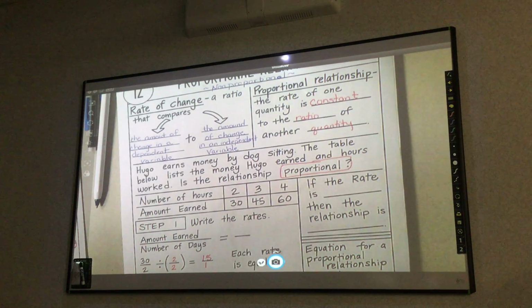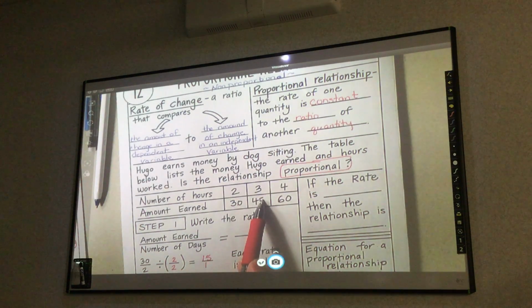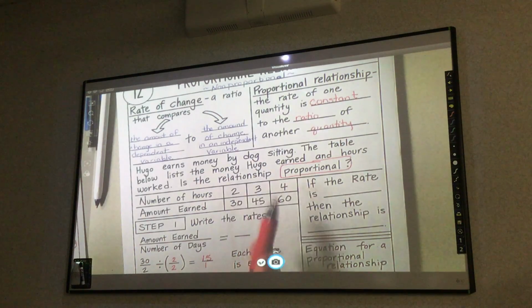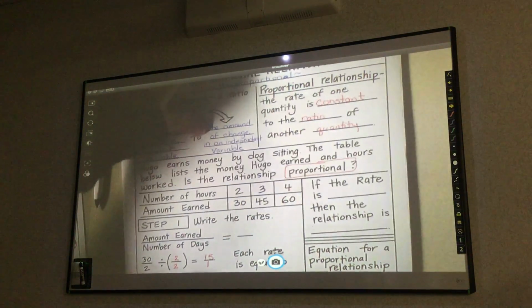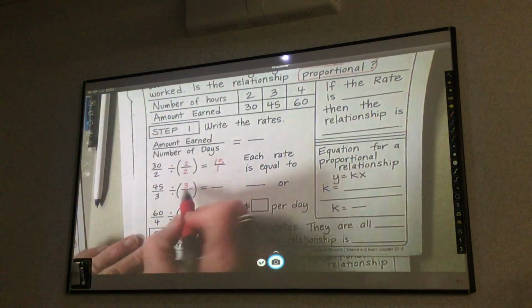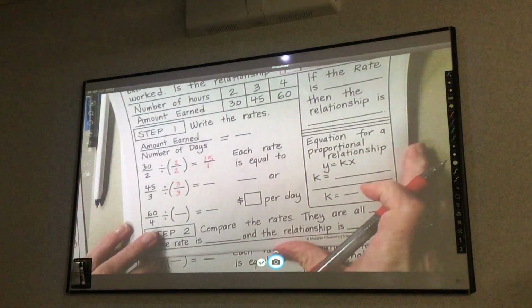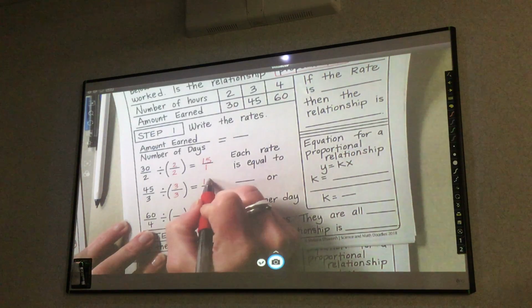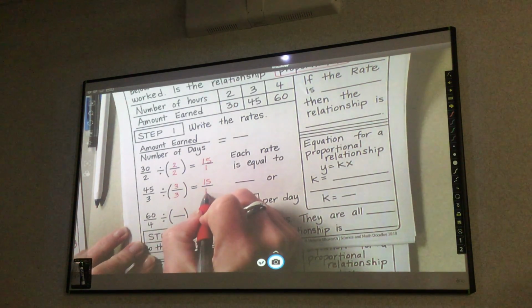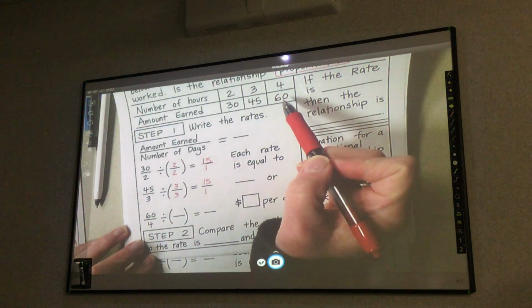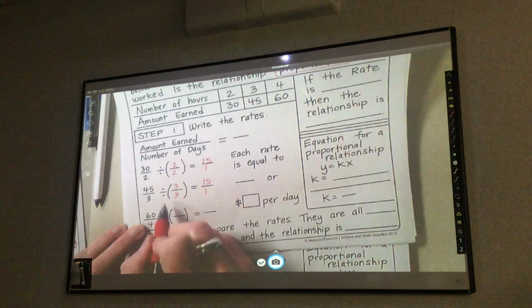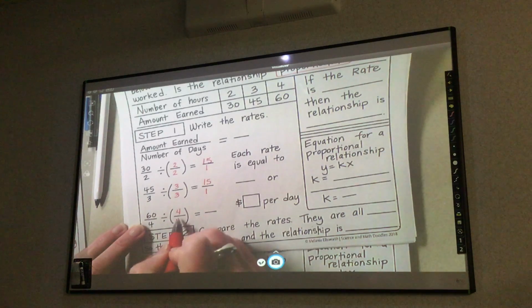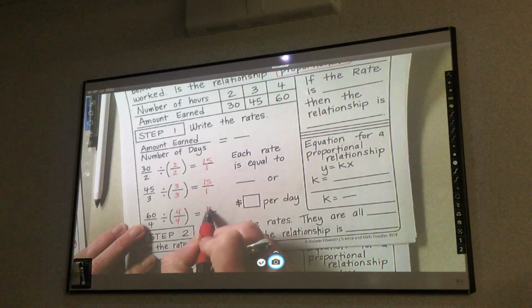Then we have the $45 for 3 hours. We're going to reduce that by 3, and we have 15 over 1. Then we put in the last one, 60 over 4, and we're going to reduce that by 4. And that is 15 over 1.